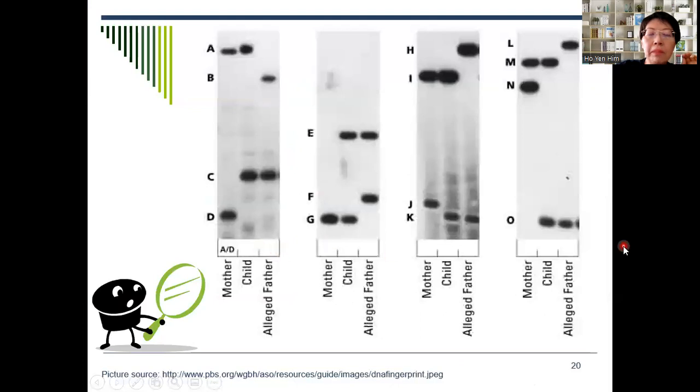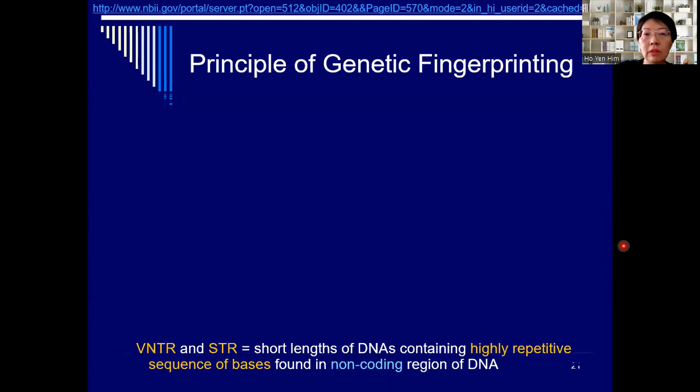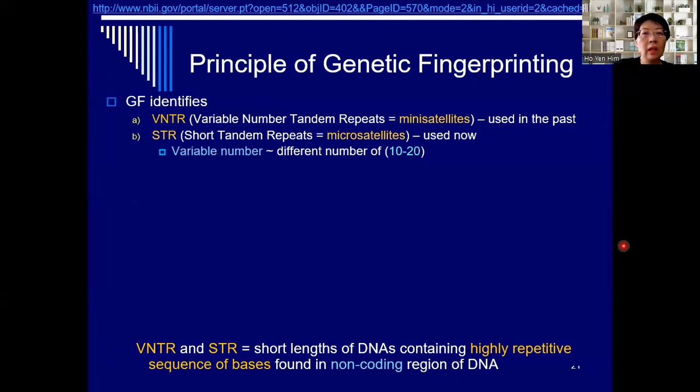These are other examples where samples are used to find out the paternity of the child, meaning the father of the child. So let's look at the principle of genetic fingerprinting. We use a probe which identifies either the VNTR region of the DNA or the STR region of the DNA. So now we want to know what VNTR is and what STR is. GF stands for genetic fingerprinting.